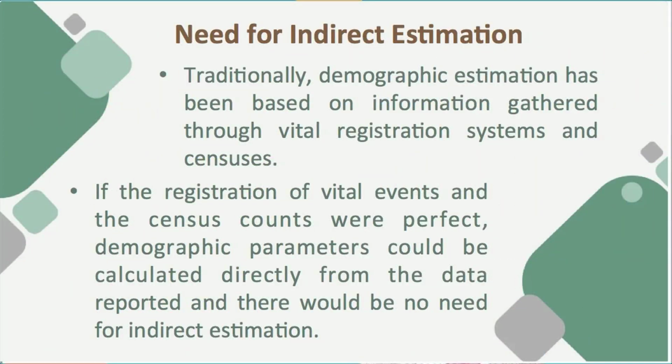A continuous registration system includes the task of documenting important life events like marriages, divorces, births, deaths, and so on as they occur. Now, if the registration of vital events and the census counts were perfect, the demographic parameters could be calculated directly from the data reported, and there would have been no need for indirect estimation.